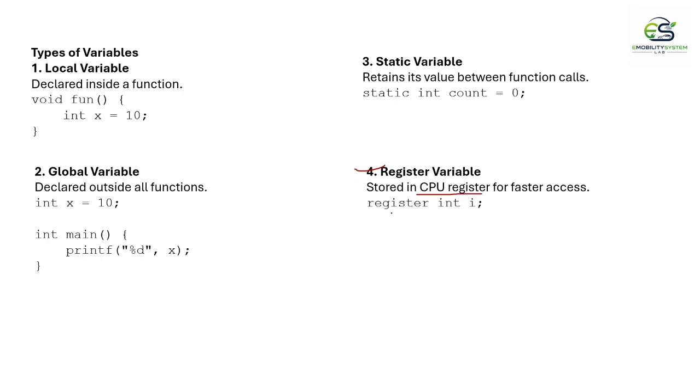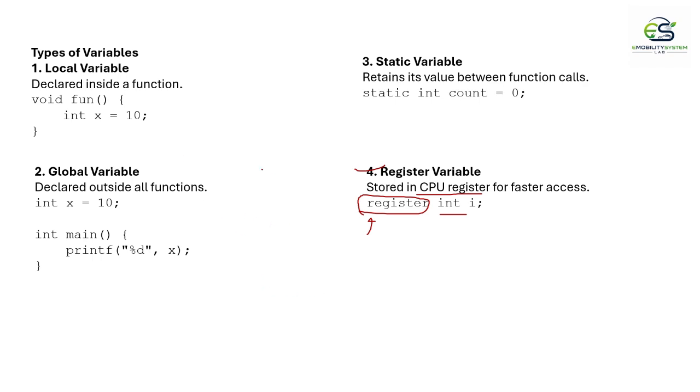If you want to store a variable in a CPU register, you have to use this keyword before the data type of the variable. Then the variable will be stored automatically in the CPU register. So here we understood the types of variables. There are 4 types of variables.